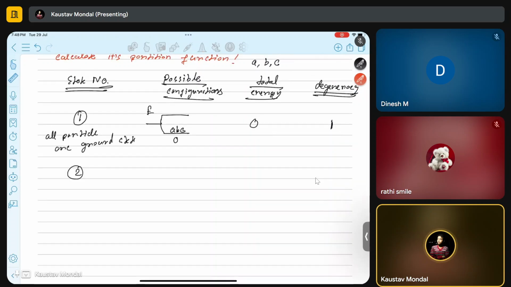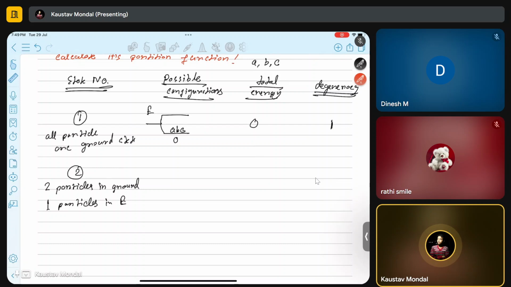Now the second case: two particles in the ground state and one particle in the E state.